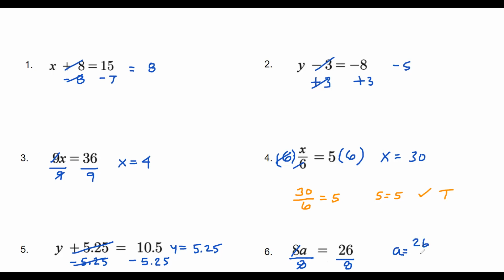Now, that doesn't look like it will give us an integer answer, and it doesn't. We have to do that division with the calculator, and that's fine. That gives us an answer as a decimal of 3.25. Or you could do this as a reduced fraction as well. But as a decimal, our answer for that would be 3.25.